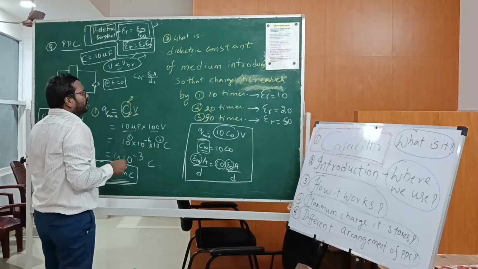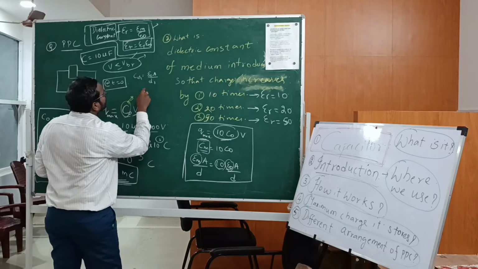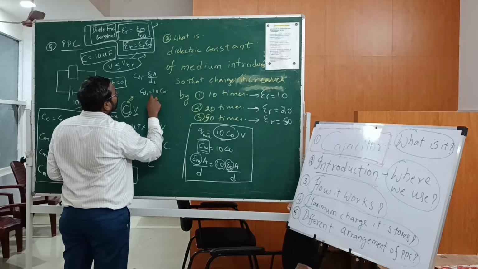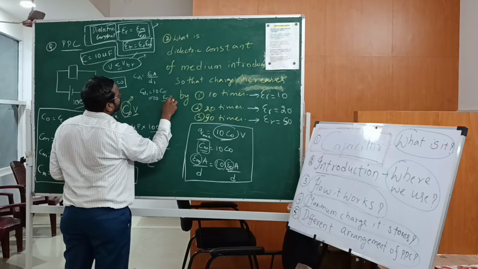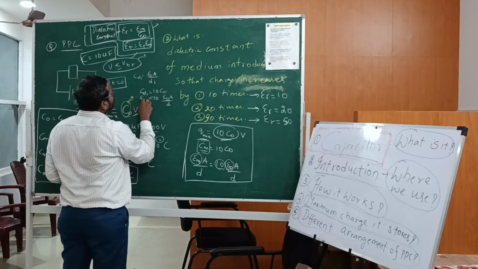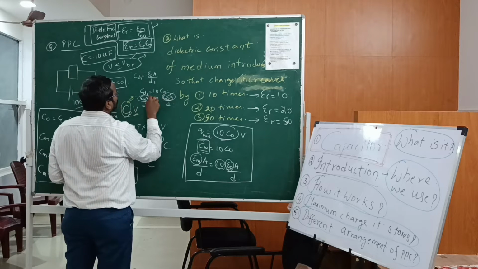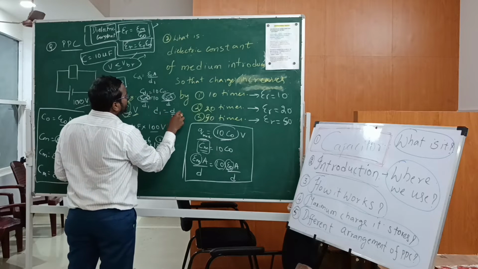So try to see here, if this value CD1 should become 10 into C naught, where C naught is 10 times epsilon naught A by D. CD1 is what? Epsilon naught A by D1. Epsilon naught A gets cancelled. So what is going to be D1 here? D by 10.